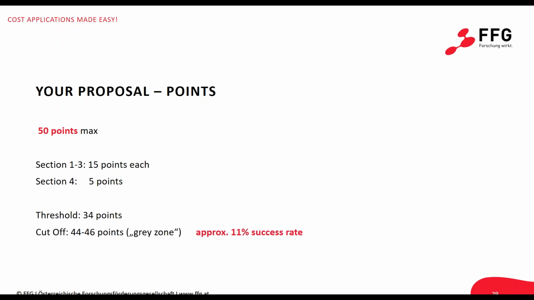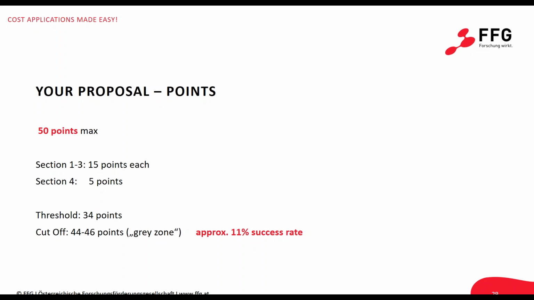But of course, as a highly competitive program, the cutoff, so really up to which number of points actions are actually funded, lies between 44 and 46 points. So it's a success rate of approximately 11%.